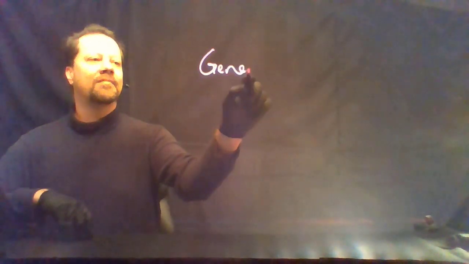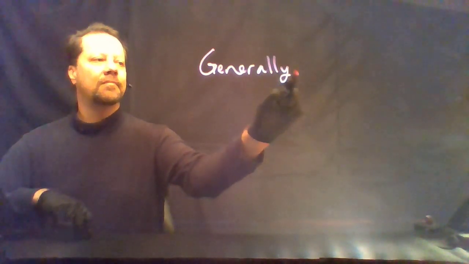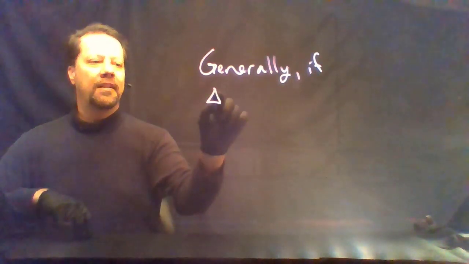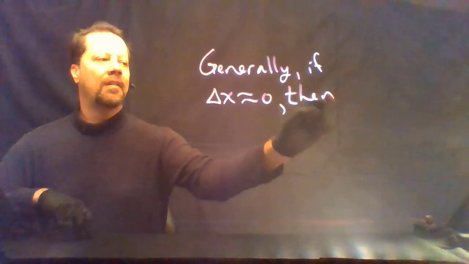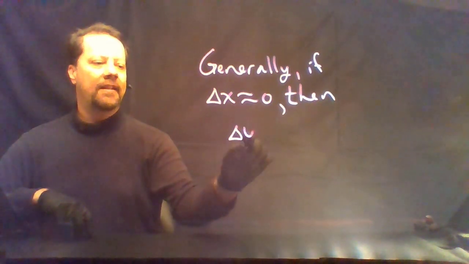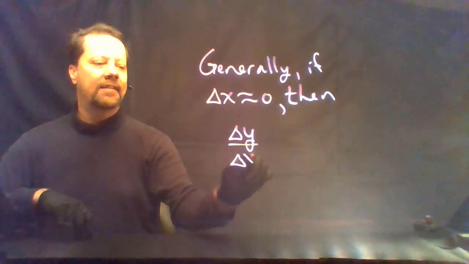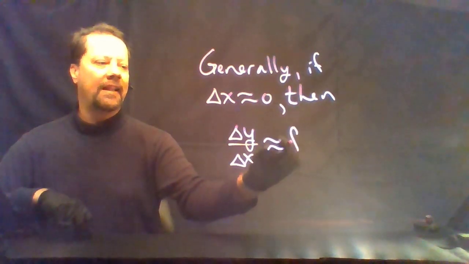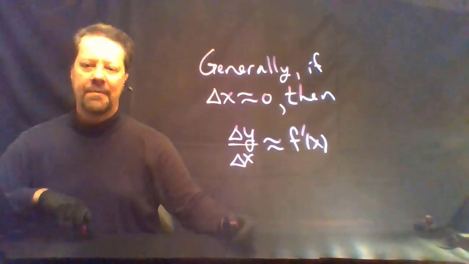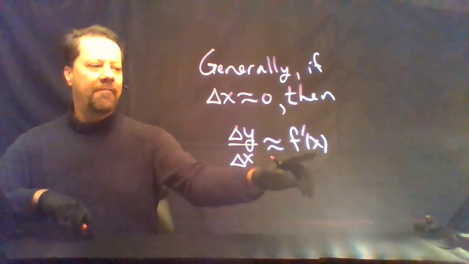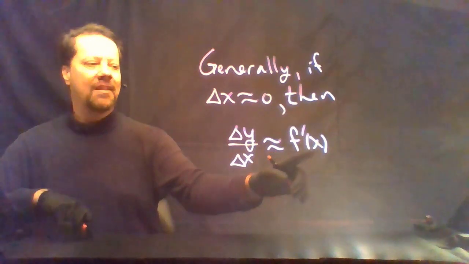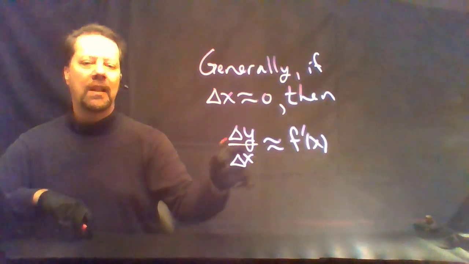Generally, if delta x is close to 0, then delta y over delta x is only approximately f prime of x. The mean value theorem guarantees some value of x equals c that, when you plug it in here, you get equality.